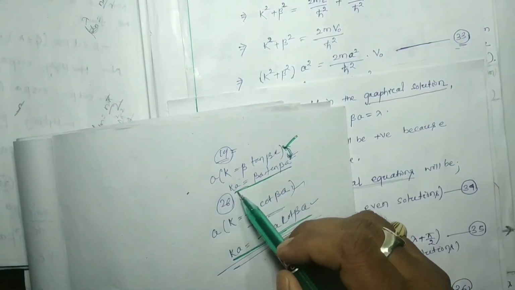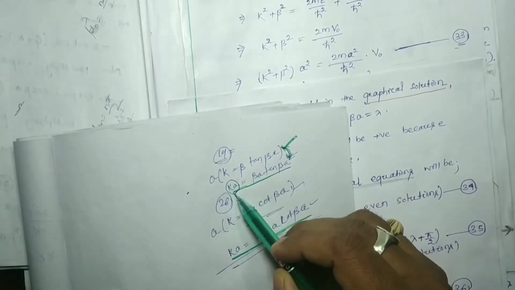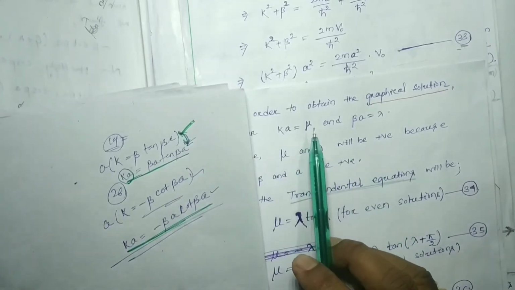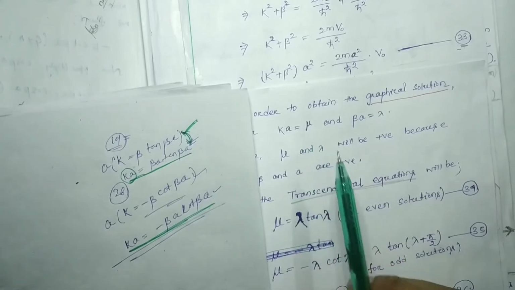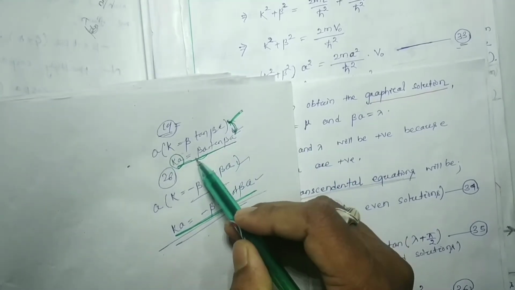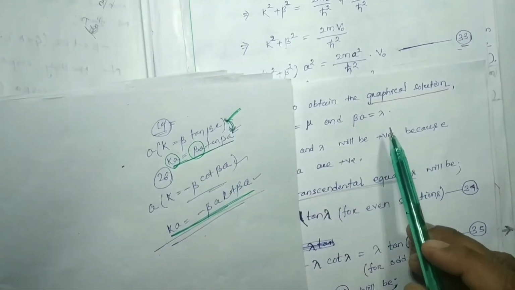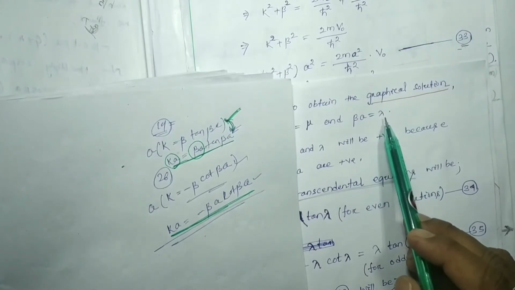So here, instead of Ka we have substituted mu, and instead of beta A we substitute lambda.